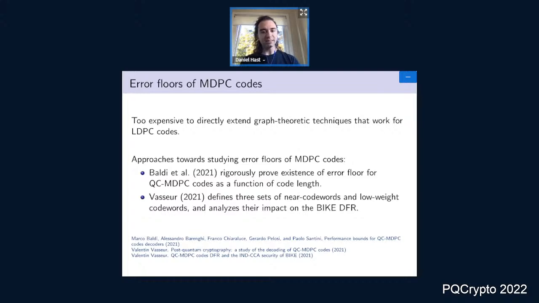And Vasseur defines three sets of near code words and low weight code words and analyzes their impact on the decoding failure rate. In particular, this leads to some lower bounds on the DFR, though, of course, from the perspective of security, upper bounds are what we're ultimately going for.